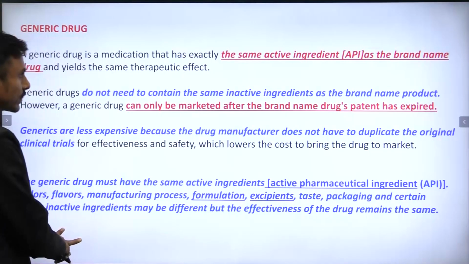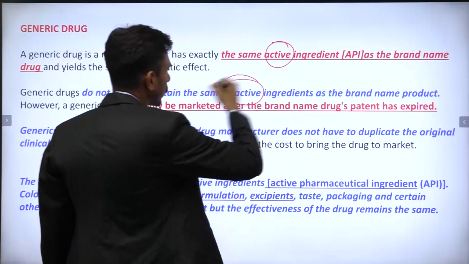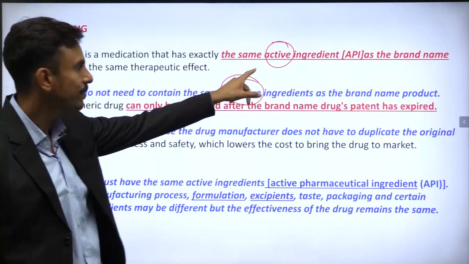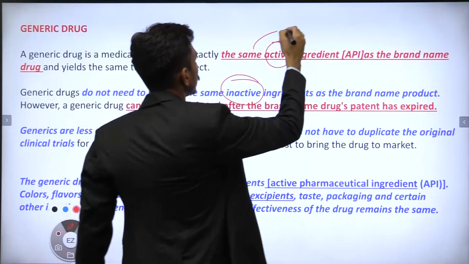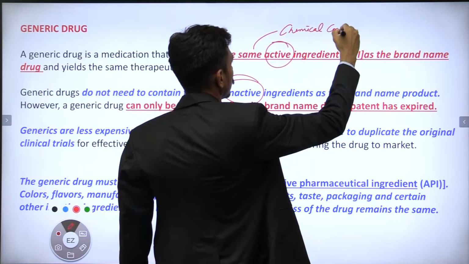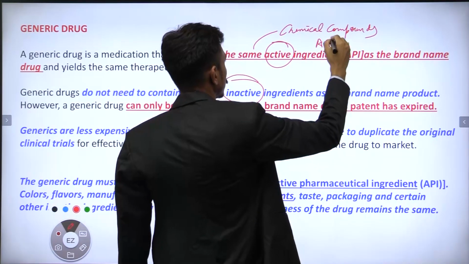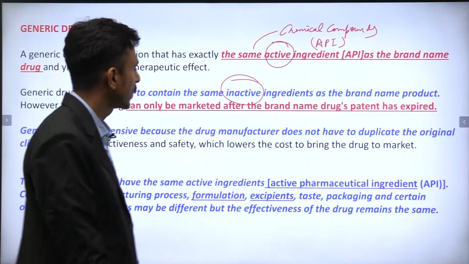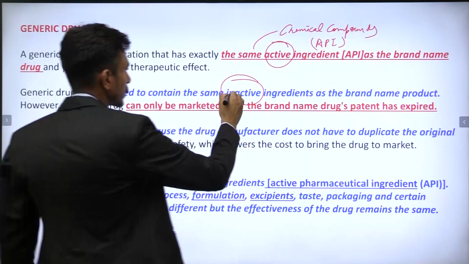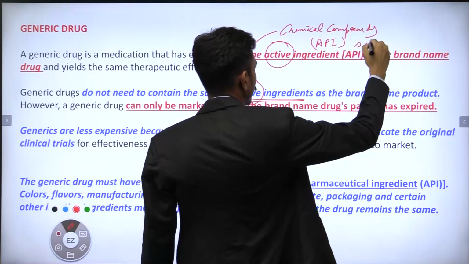Guys, there is a difference between the active ingredient and inactive ingredient. As far as the chemical compounds are concerned, they are called APIs, active pharmaceutical ingredients, and then there are inactive ingredients. So active APIs would be same, right?